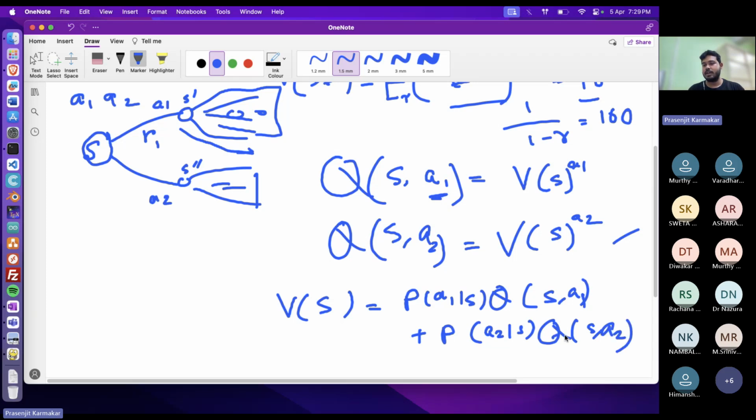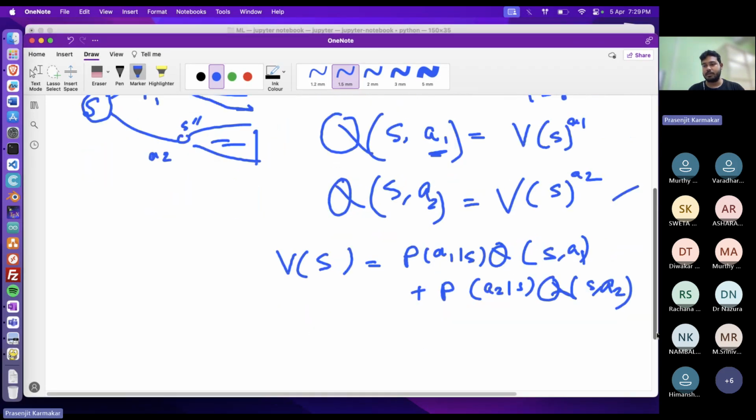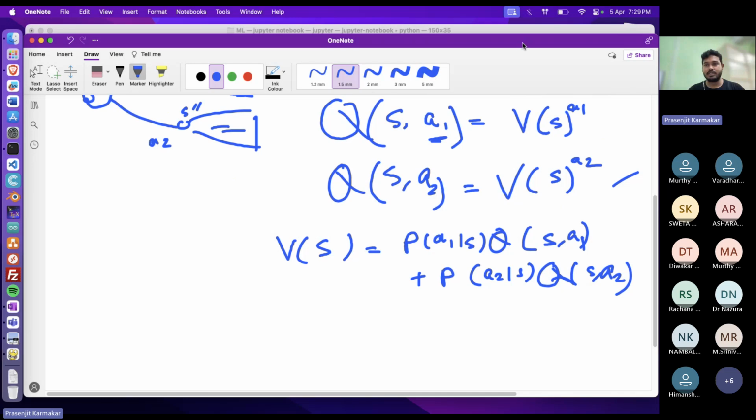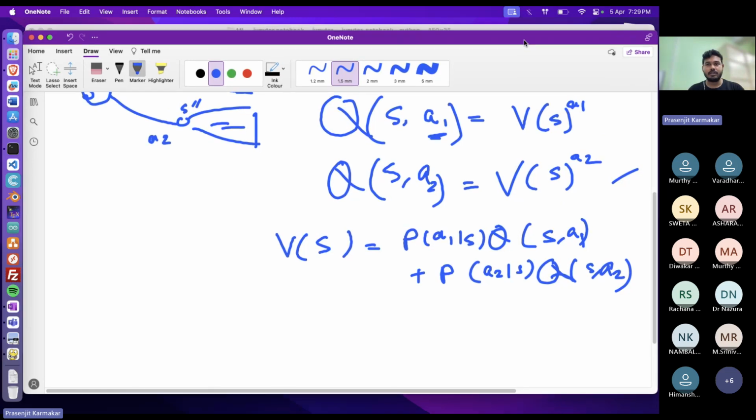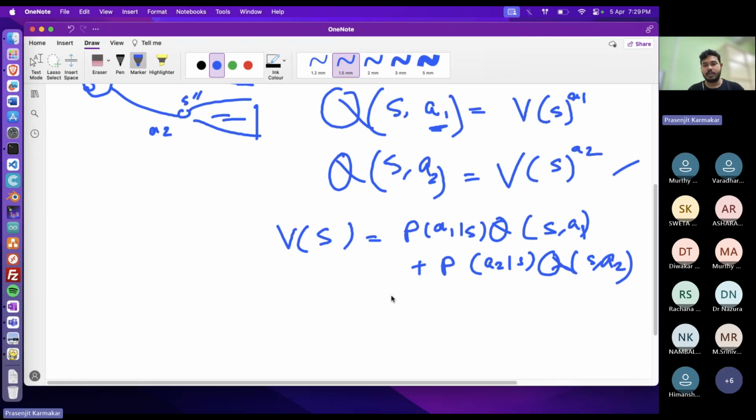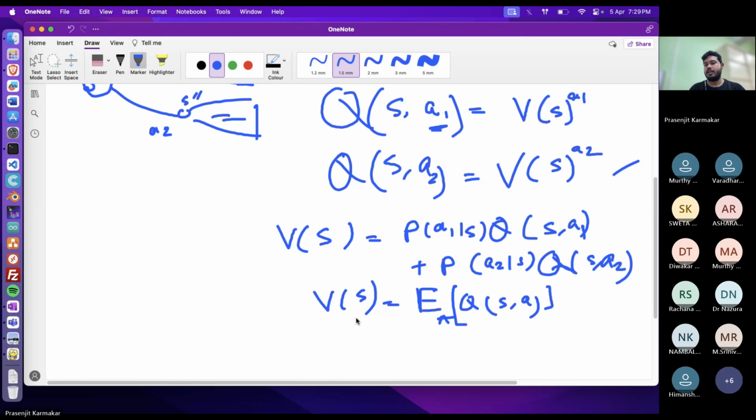You can also write it mathematically, and you will see this term in many places. It is the expectation over the policy of Q(S, A), which is the value of S. So you take the probabilistic average across the policy of the Q function, and you get the value function.